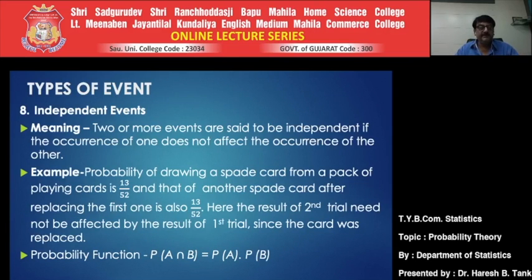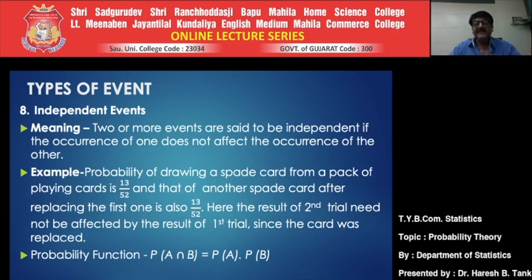Type of event. One of the events is called an independent event. Look, this independence is seen from a different perspective. Two or more events are said to be independent if the occurrence of one doesn't affect the occurrence of the other.